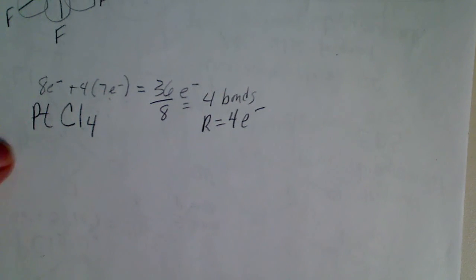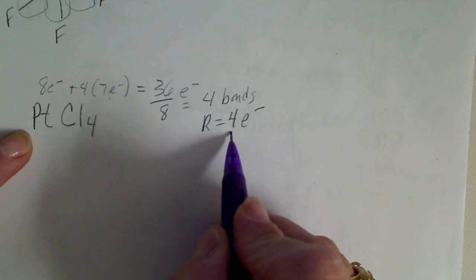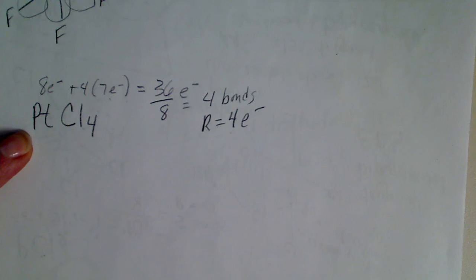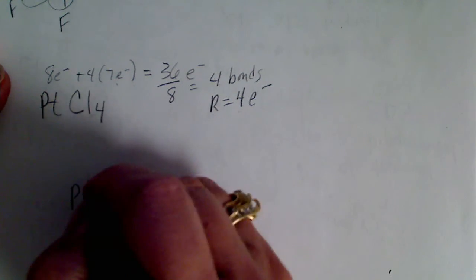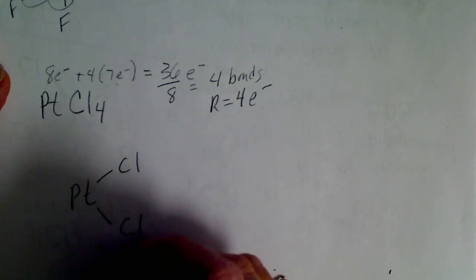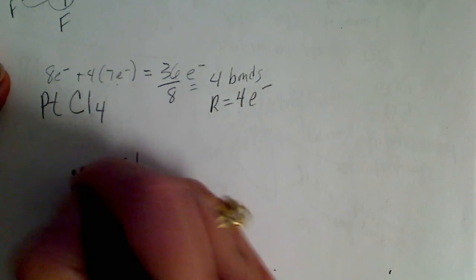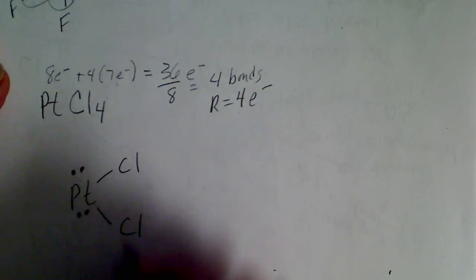So in that case, we know that the platinum is going to have 2 pairs of electrons around it, as well as the chlorines. If we put platinum here, and put a chlorine and a chlorine, we want to make sure that we show the lone pairs.